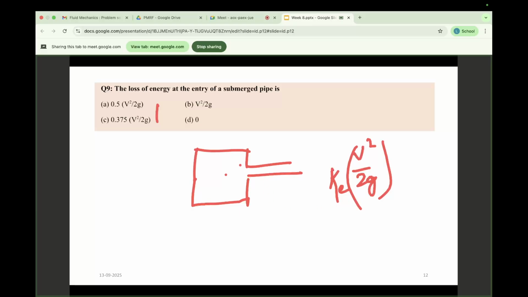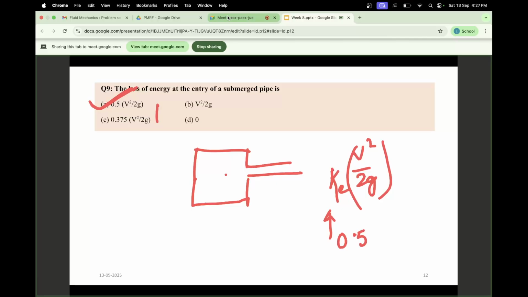And it has been observed that from a larger to a smaller one, this k should be equal to 0.5. So the correct option is option A.